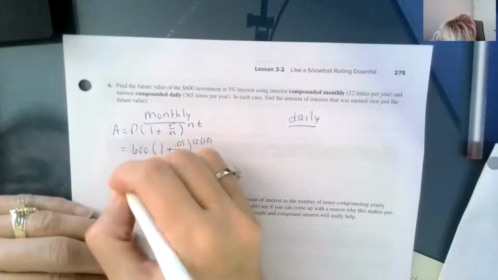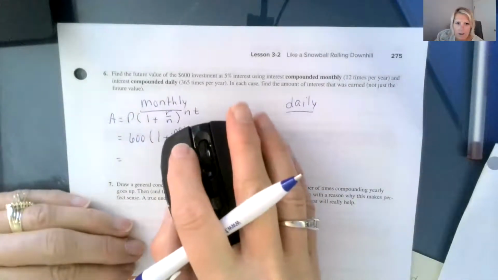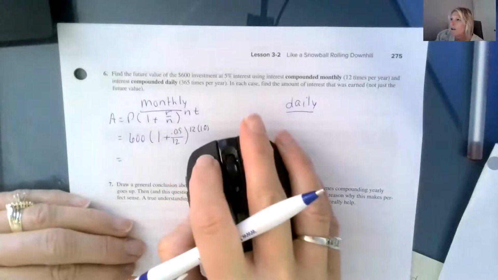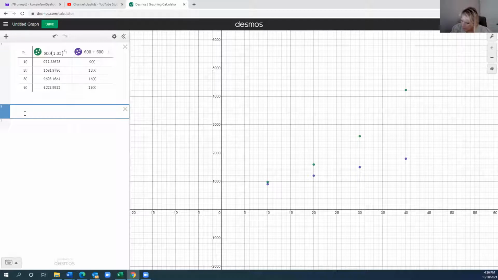And so we're going to put this in Desmos. Right here. So $600 parentheses 1 plus 0.05 divided by 12 parentheses, and then this entire parentheses goes to the exponent of 12 times 10.